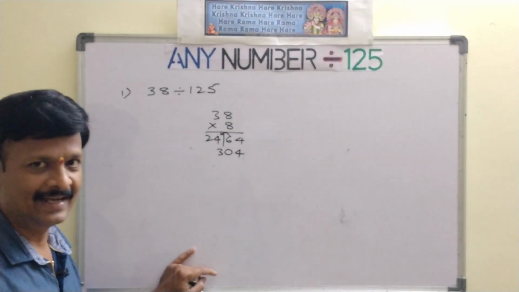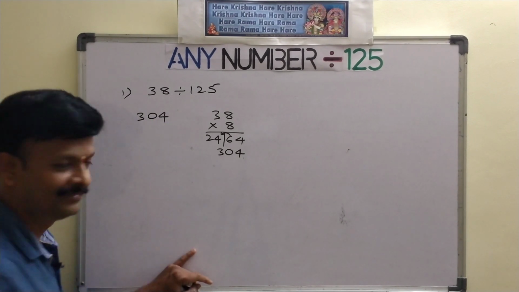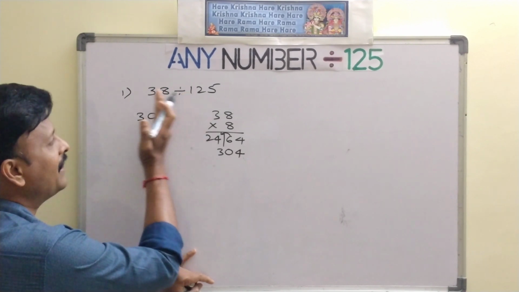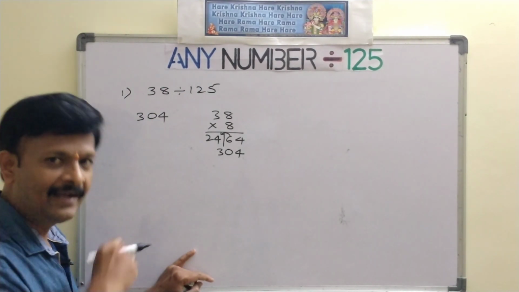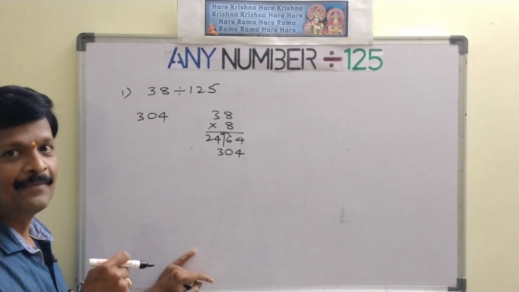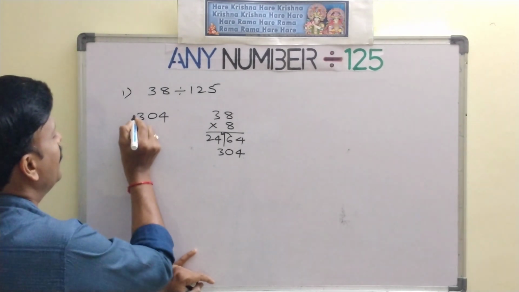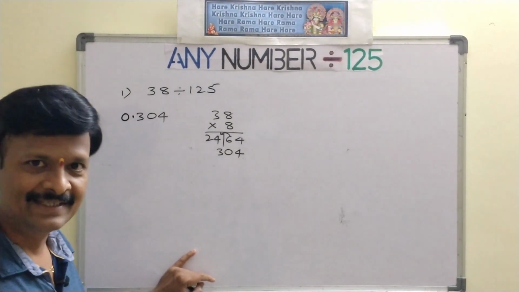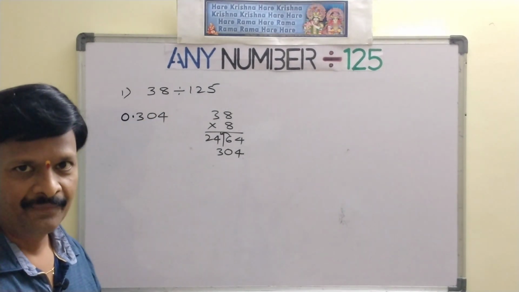This is not yet the answer. Just write down 304. Now from the right hand side, after 3 digits you place the decimal point. For that there is a reason, which we also discuss. Why we are placing the decimal point after 3 digits from the right hand side. So 0.304 is the answer when you divide 38 by 125.